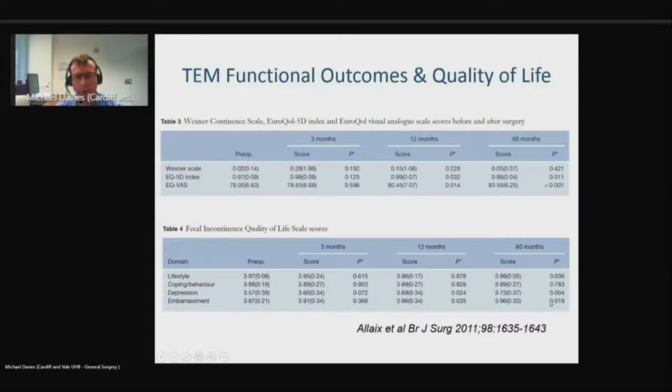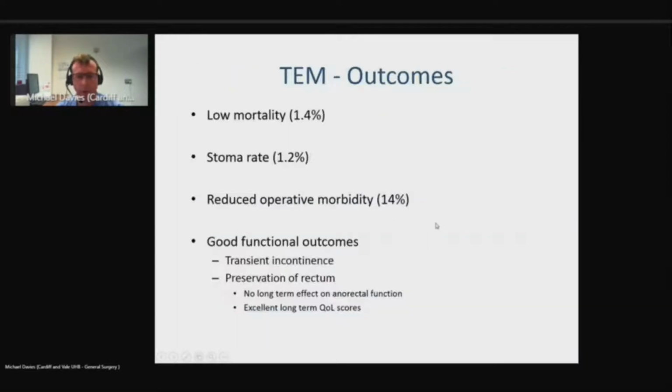If we look at the functional outcomes scored by continence scoring, the fecal incontinence score, what we see is that there is a transient incontinence associated with TEM surgery, but ultimately no long-term effects on anorectal function and excellent long-term quality of life scores. Compare that to what we described for resectional surgery: a low stoma rate, a lower mortality rate.